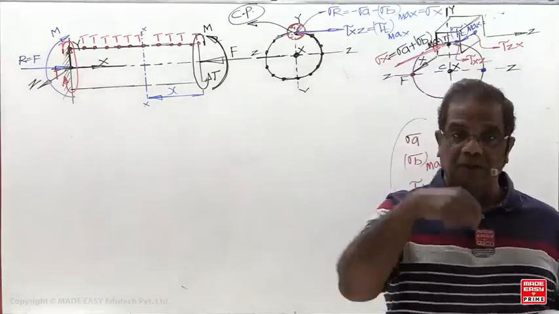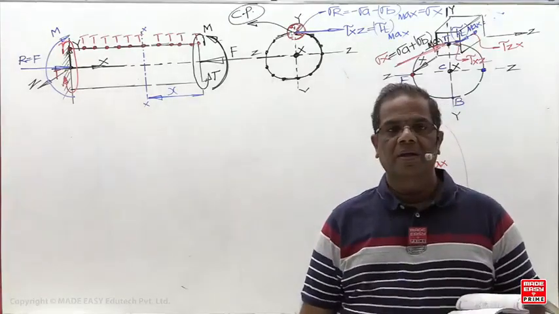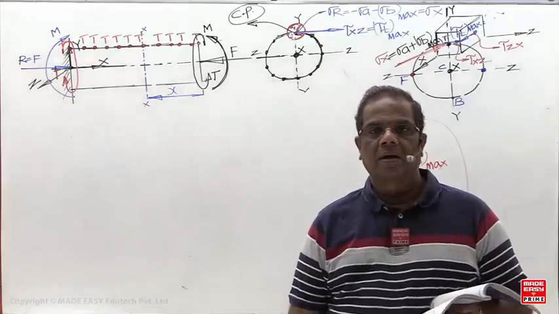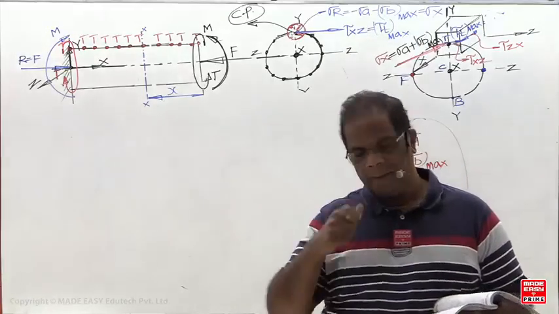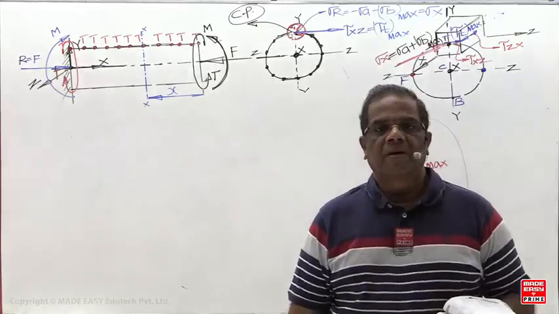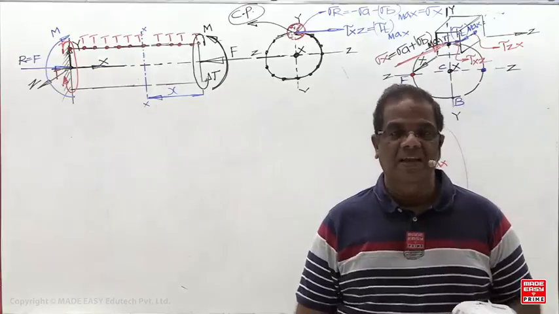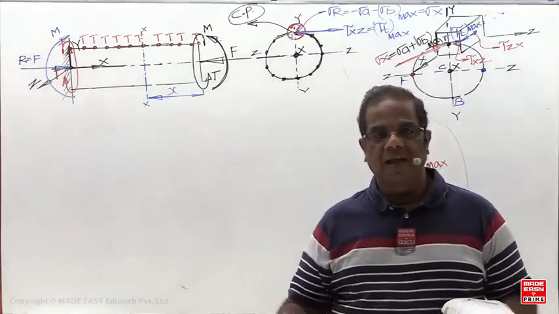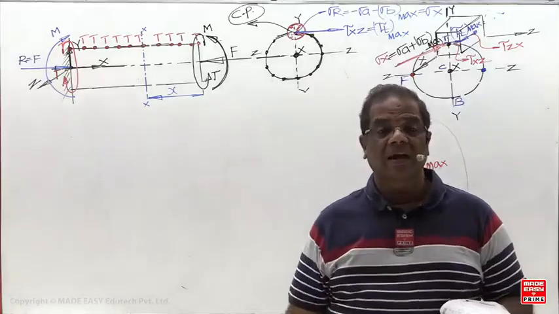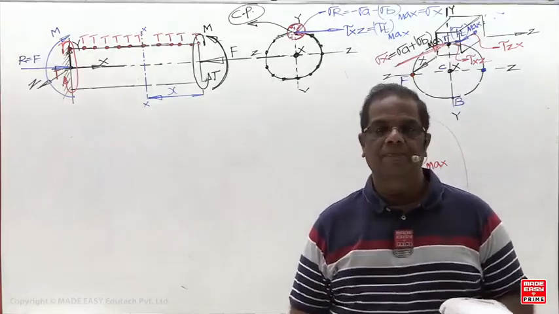So write the first statement within the bracket: Option A is correct when axial compressive load and bending moment are acting simultaneously.